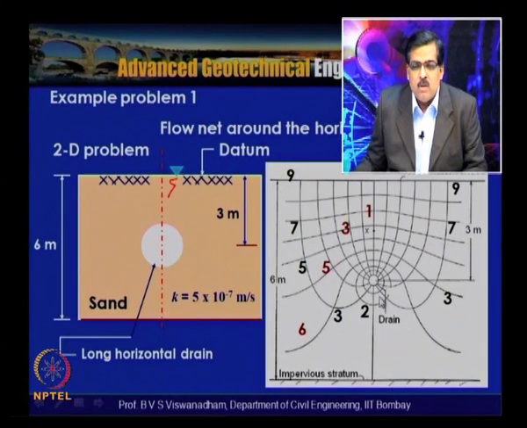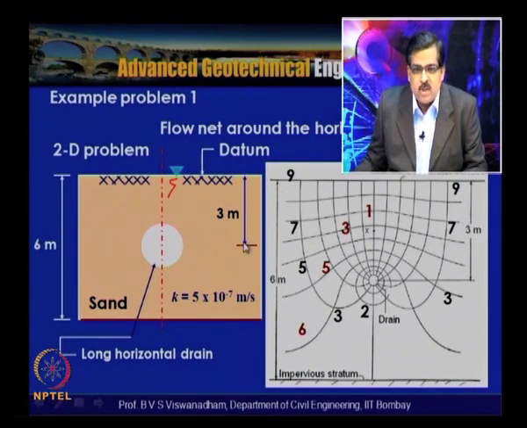When we draw the flow channels, you can see this is the first flow channel, second, third, fourth, fifth, and then sixth. So, there are 6 flow channels. The head loss from the center of the pipeline to the groundwater table surface is 3 meters.